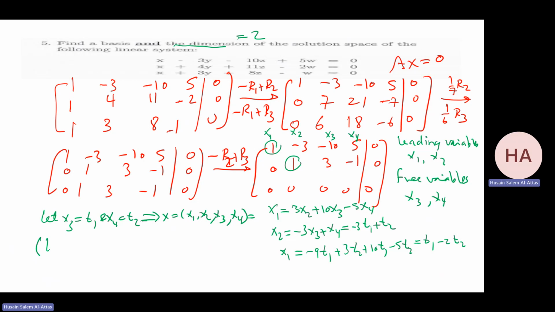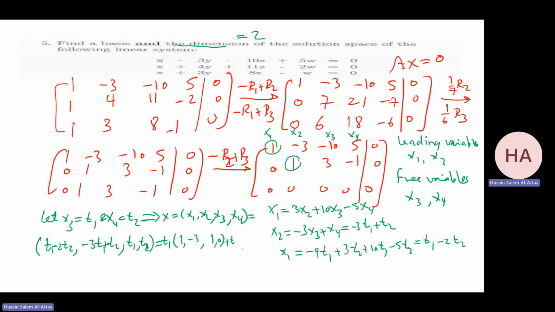x1 is what? t1 minus 2t2. x2 is minus 3t1 plus t2. x3 is t1, and x4 is t2. Take t1 as a common factor. You have what? 1, -3, 1, 0.